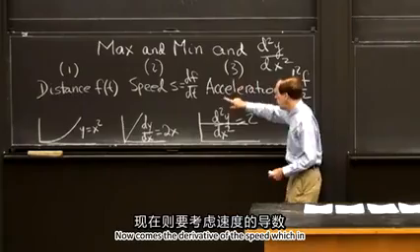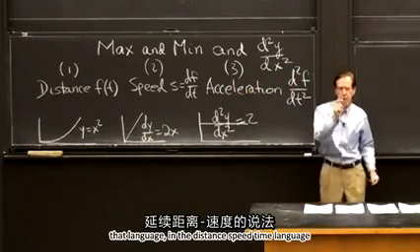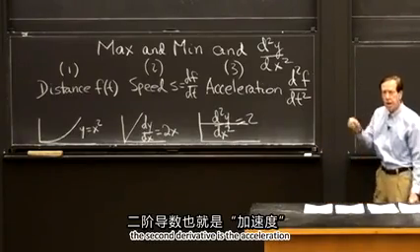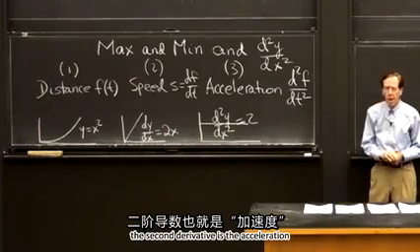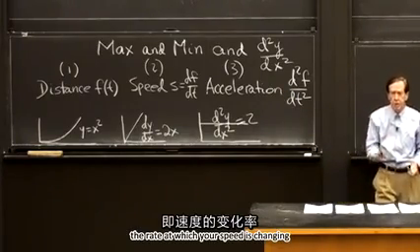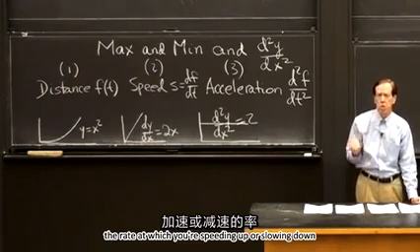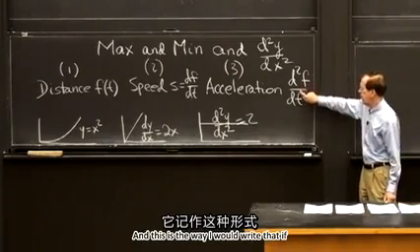Now comes the derivative of the speed, which in the distance, speed, time language, the second derivative, is the acceleration. The rate at which your speed is changing, the rate at which you're speeding up or slowing down.